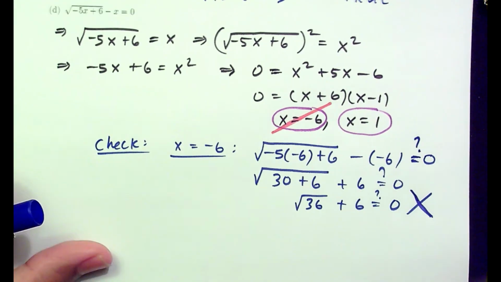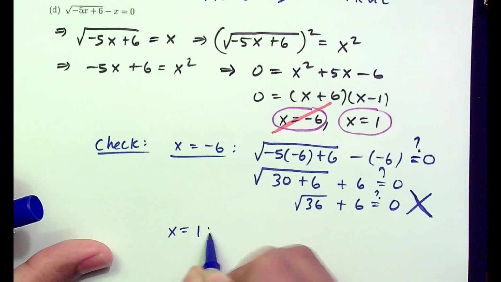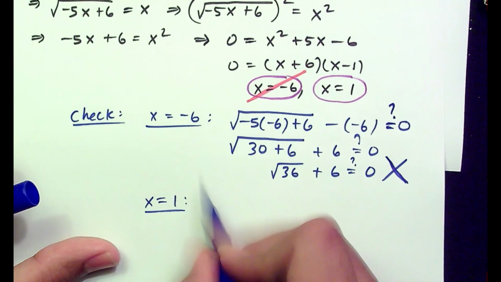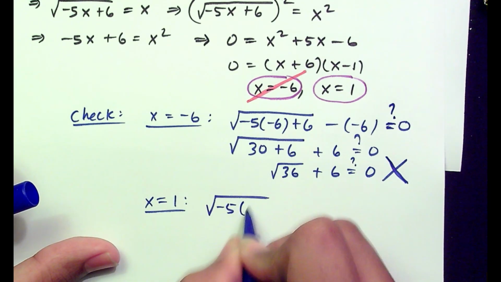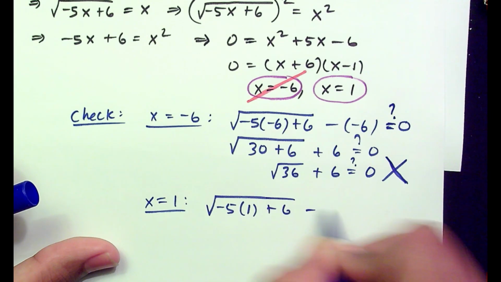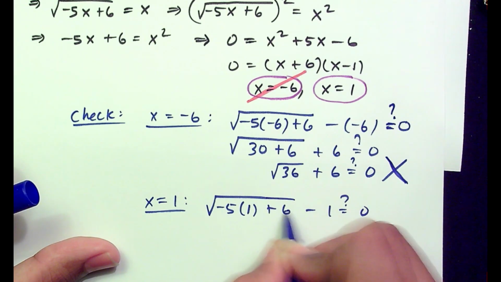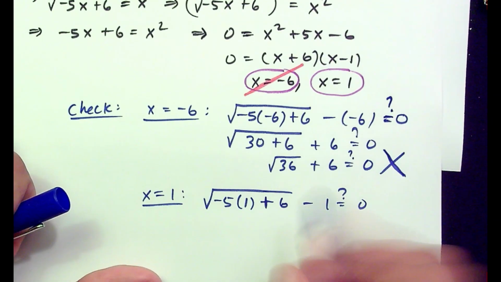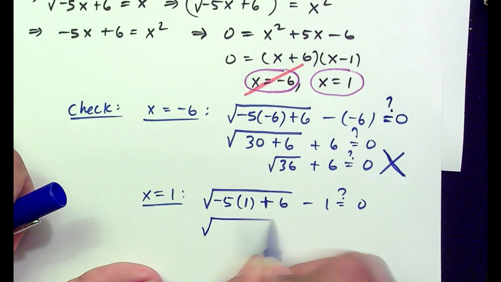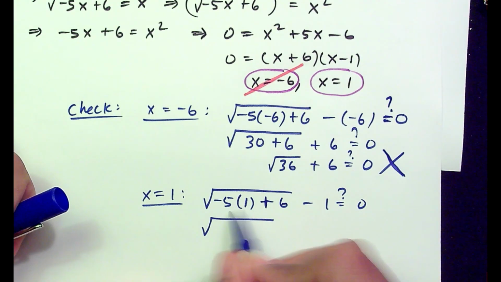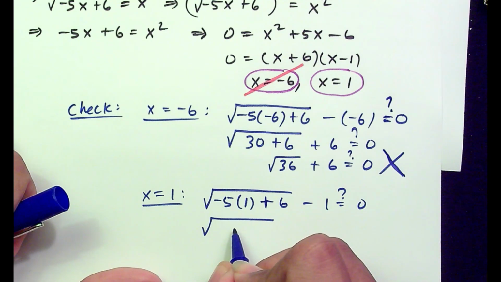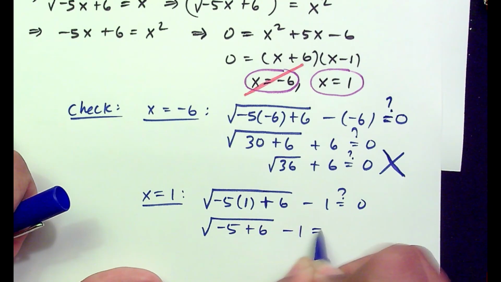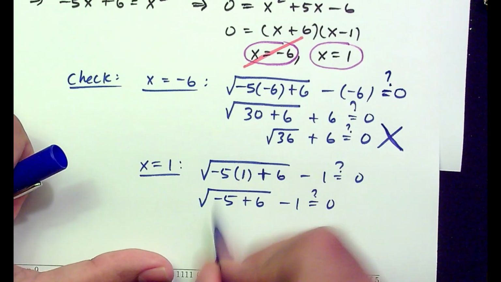Okay, now let's check the other one, x equals 1. Let's plug in x equals 1 in the original equation. Is it true that the square root of negative 5 times 1 plus 6, minus 1, equals 0? Well, let's see. Negative 5 times 1 is just negative 5. Negative 5 plus 6 is 1.